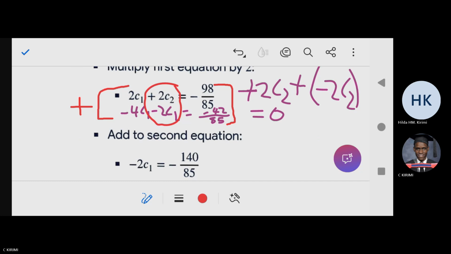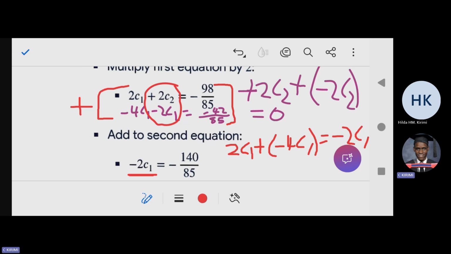Integers. You must know the integers. 2C1 plus bracket minus 4C1. Minus 2C1. Yes, it's minus 2C1, which is this one. Minus 2C1, which is that one.